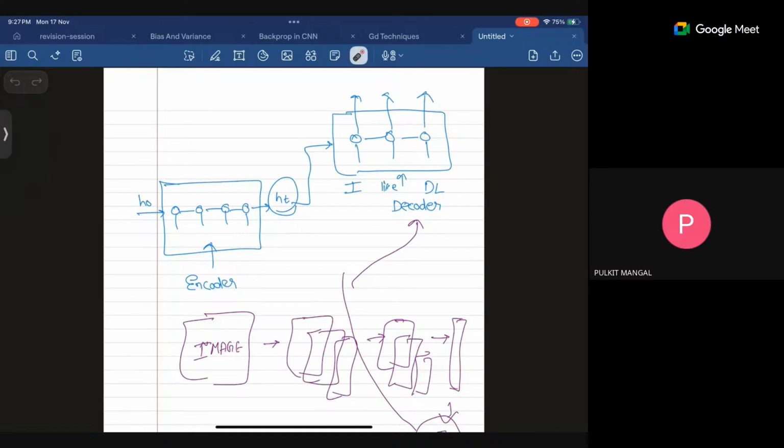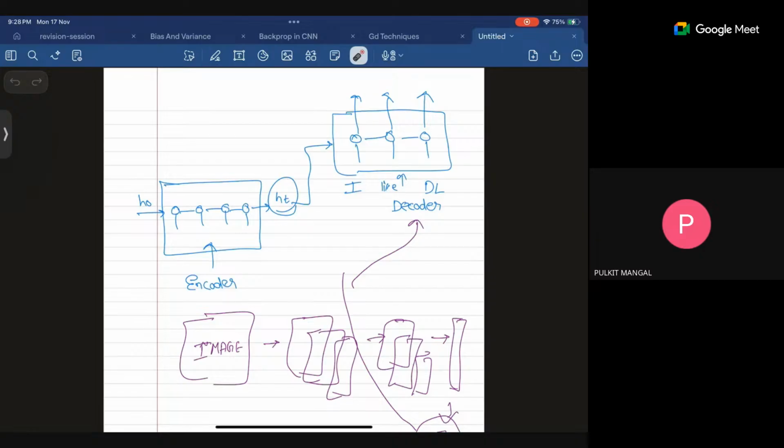We have unstructured data like image, text, audio, video, and then you have some output in some other unstructured data. Then you can have one encoder model that gives you the representation of your input, and you pass it to the decoder to get the final output. So that was it.